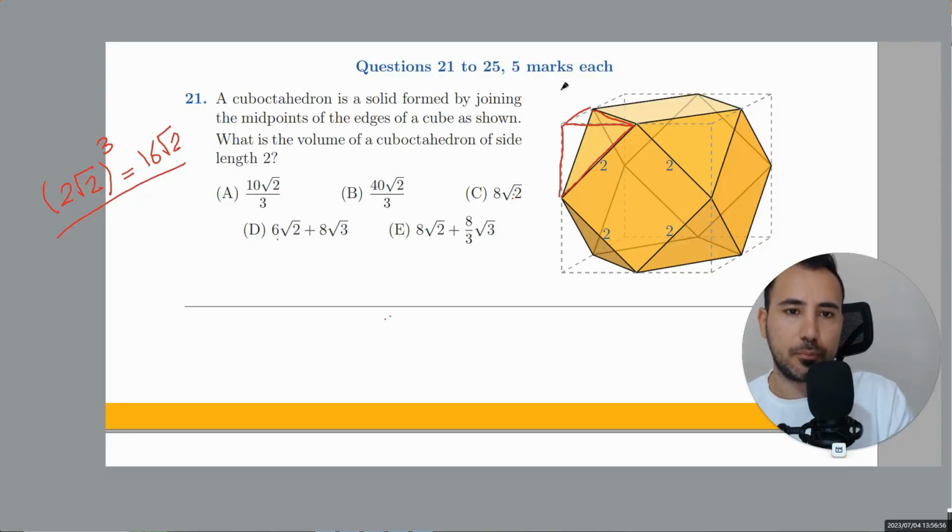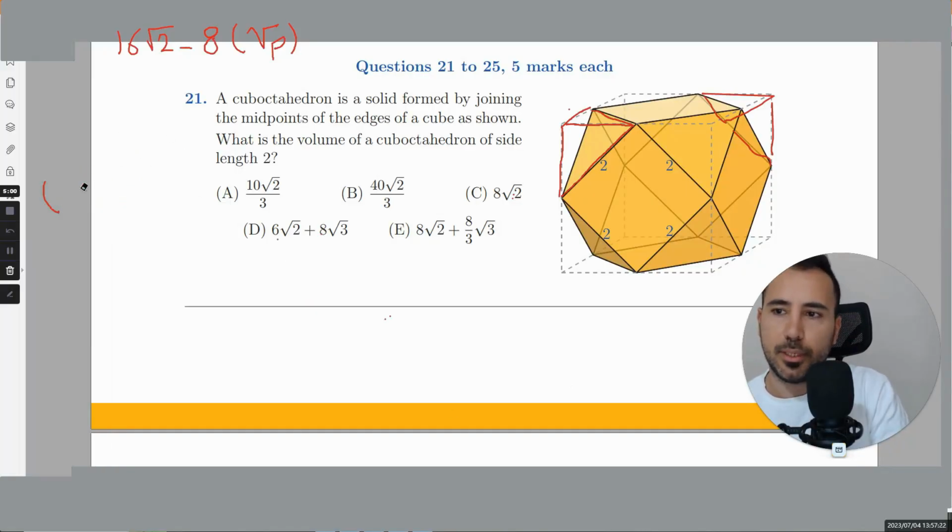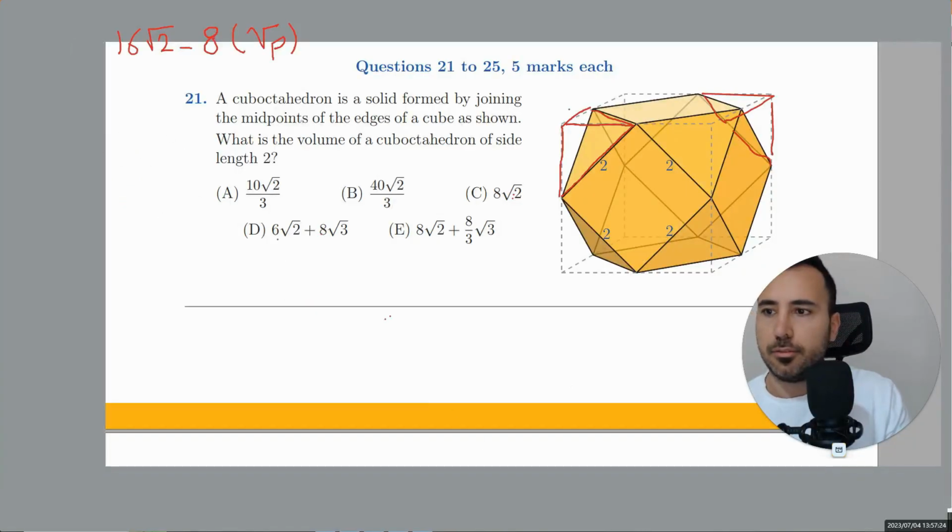Remember we have 8 of these. So it's 16 square root of 2 minus 8 times the volume of the pyramid. So we need to find the volume of the pyramid, then the question will be done.